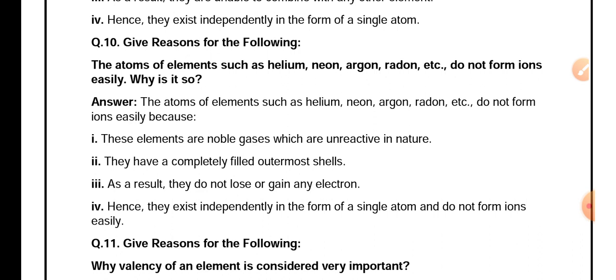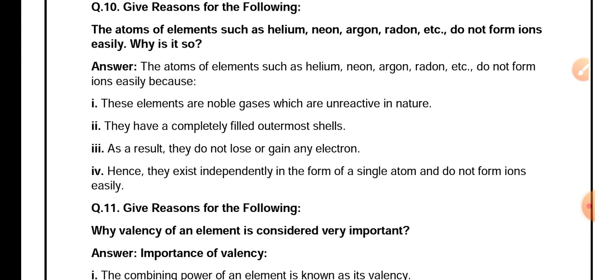They have completely filled outermost shells. As a result, they do not lose or gain electrons. Hence, they exist independently in the form of single atoms and do not form ions easily.